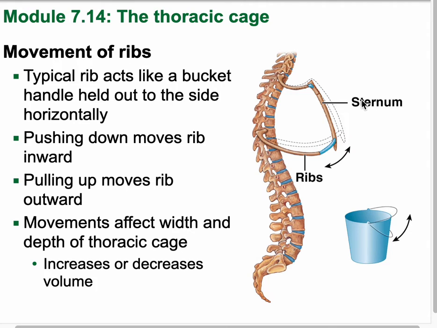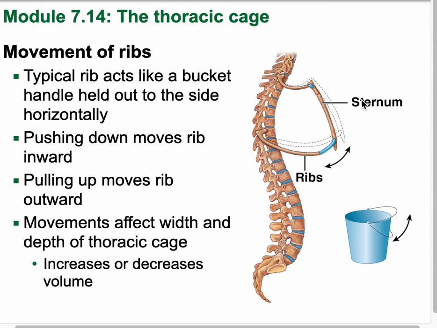So if you push down, then the ribs are moving inward. And if you pull up, then the ribs are moving outward. And that's going to affect the width and depth of the thoracic cage. So that's important because when we breathe in, we want to be able to increase the volume of the thoracic cage. And when we breathe out, we want to be able to decrease the volume of the thoracic cage.